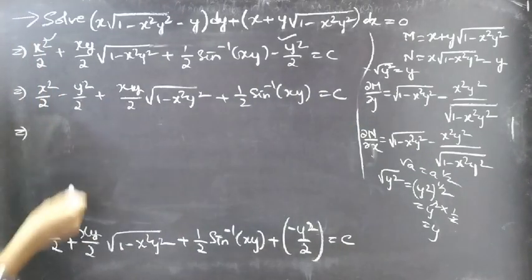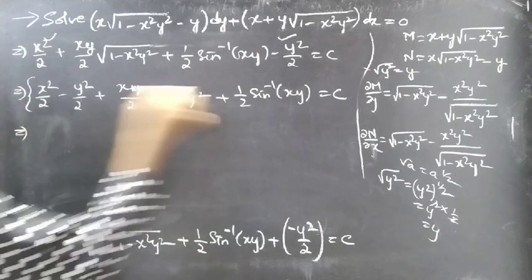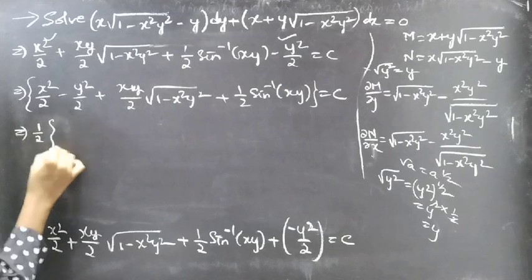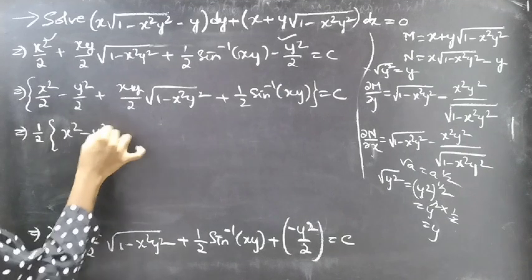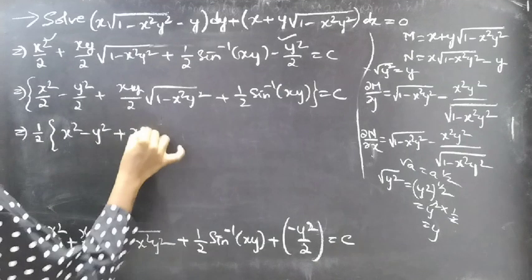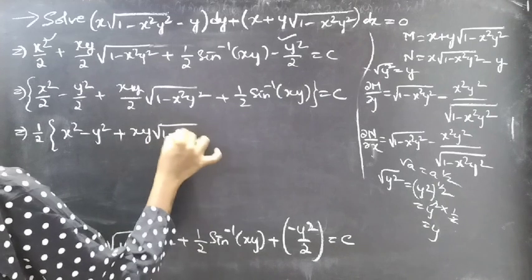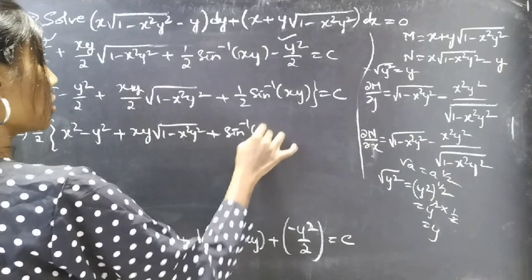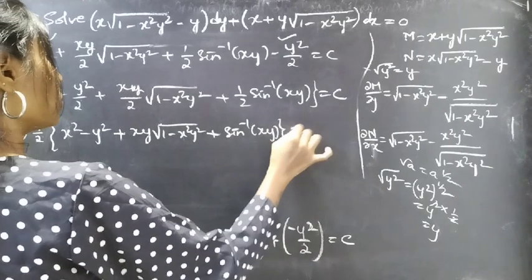Now take 1/2 common from all these terms, that is the terms of LHS. We'll get 1/2 times (x² − y² + xy into √(1 − x²y²) + sin⁻¹(xy)) equal to c.